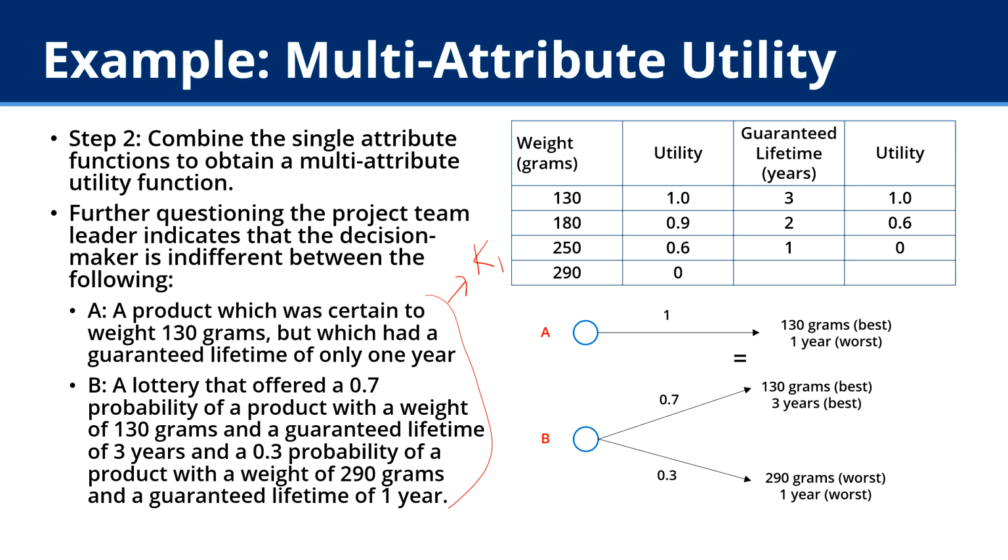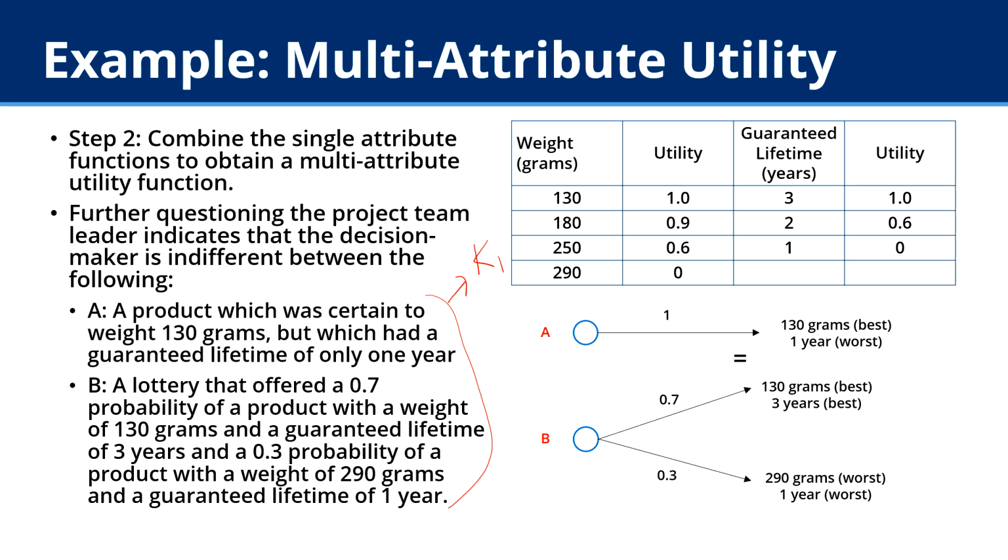So if you look at this picture, this is basically saying the decision maker is indifferent between a guaranteed best weight possible, and a 70% chance of the best of both attributes, and the worst of the first attribute, right?